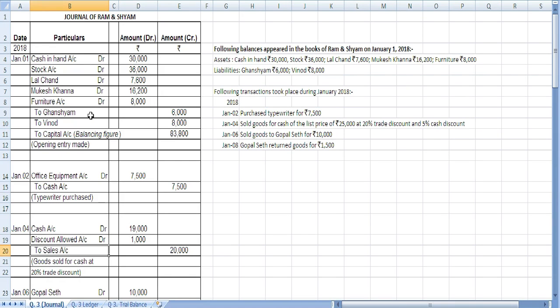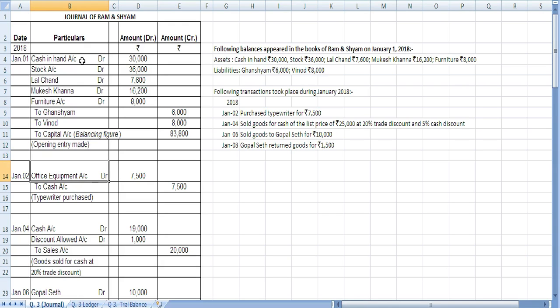Now we got the journal prepared. Now out of this journal we'll post it into the ledger. The first thing we'll have to do is, for each account individually we'll prepare one ledger. Like we have here cash in hand, stock, Lalchand, Mukesh, furniture, Ghanshyam, Vinod, capital.